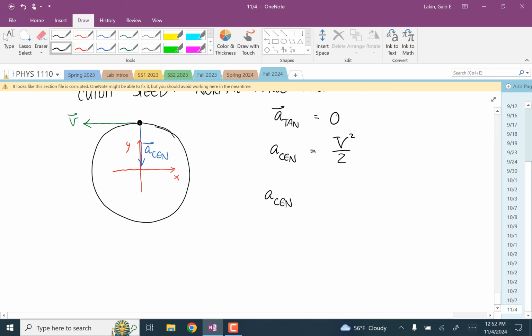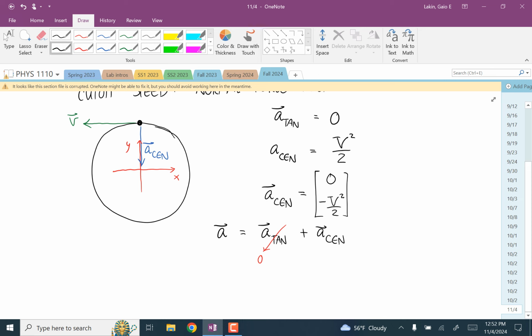So as a vector, this is 0 for x, negative v squared over 2 for y. And the tangential acceleration, well, let's say the acceleration is the tangential plus the centripetal. The tangential is 0. And so the total acceleration is 0 for x, negative v squared over 2 for y.